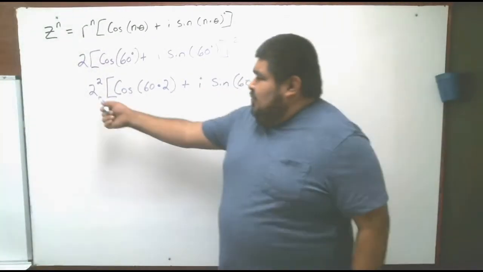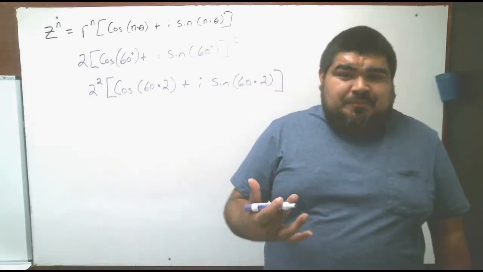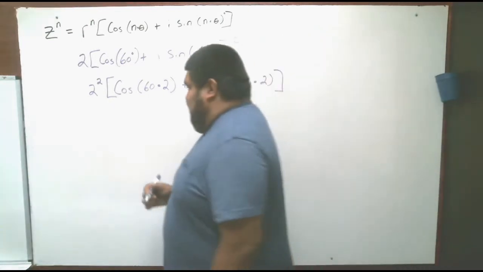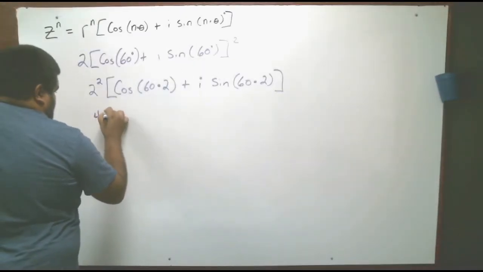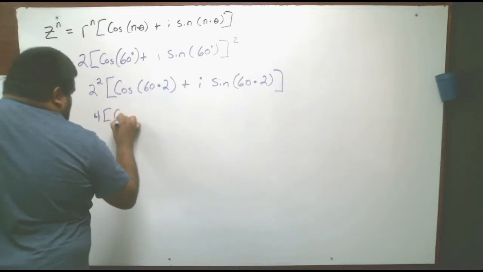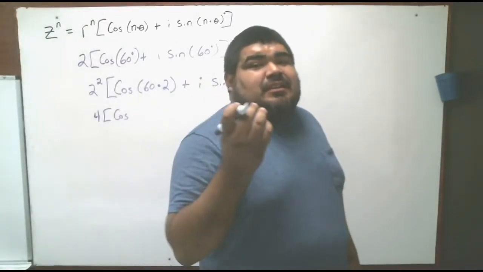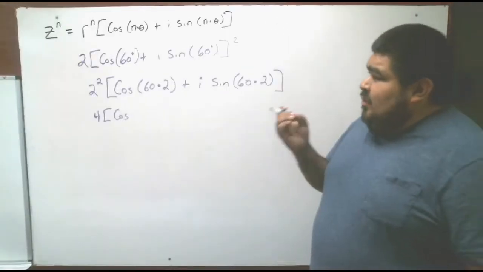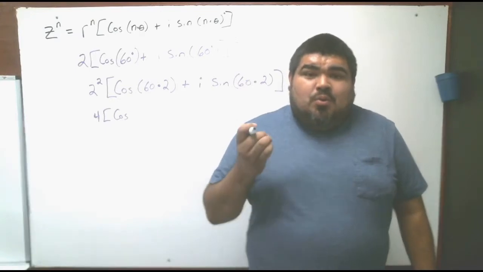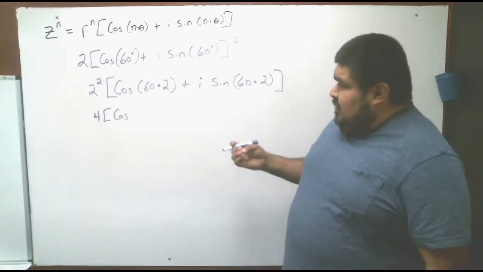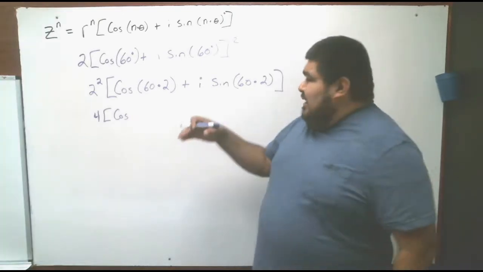So we have 2 to the second power, another way of saying 2 times 2, which is 4. So we have 4 cosine of 60 times 2. We can do it that way, where we multiply the degree, or we can also skip a step by converting the 60 into the cosine and the sine.